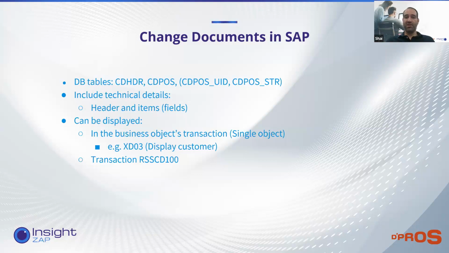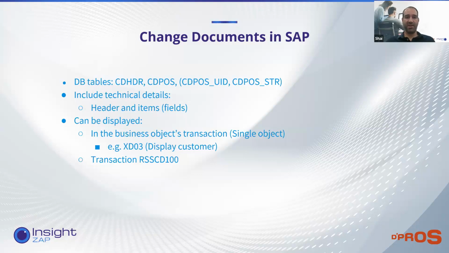The other option is a standard SAP report, RSSCD100, which allows us to see mass changes, not for a single object, but for multiple objects in our system. The last but not least option is development of a custom Z report, which shows us the changes of a specific change document class, but we'll have to develop a separate report for each and every change document class.